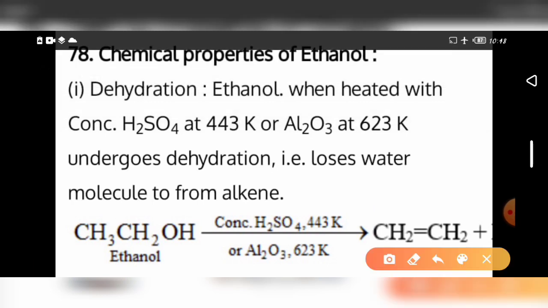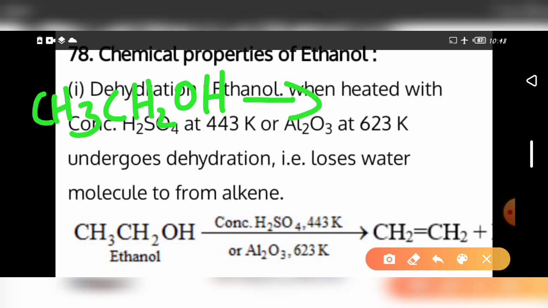Now you see, I write the equation here. CH3CH2OH in the presence of H2SO4 at 443 Kelvin. How will it form? H2O will go: one hydrogen, one OH.